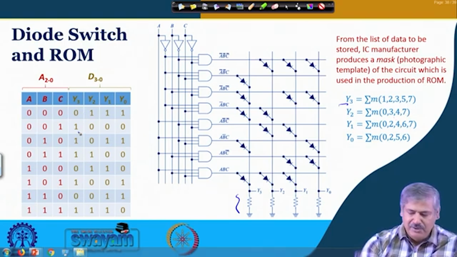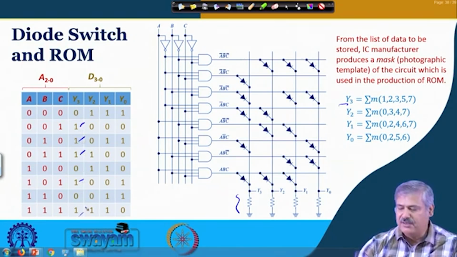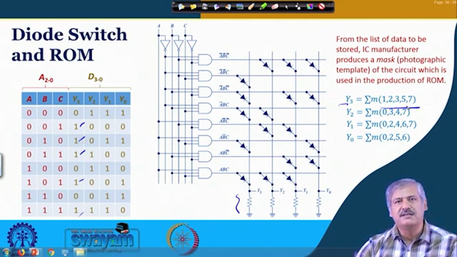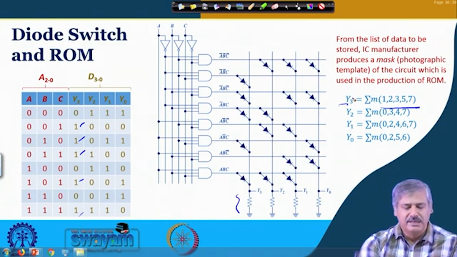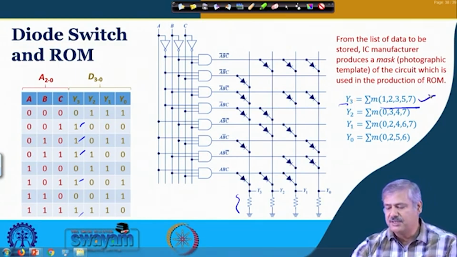That is, you will find that this is 1, 2, 3, 5, 7. So, these are the min terms that are getting summed up. So, D3, that is Y3, is also a Boolean function generator, which is generating this function. Similarly, Y2 is generating this.